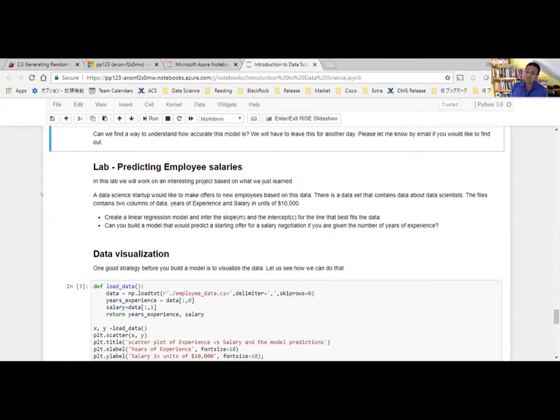Number two, if there are 5 people with 10 years of experience, do they all have the same salary? In certain companies it's not exactly the same, because somebody has advanced training or some other different property. So not all 10-year people will have exactly the same salaries. There will be some slight differences.